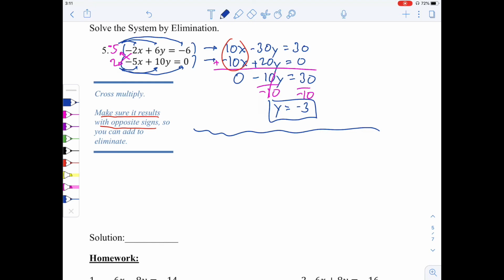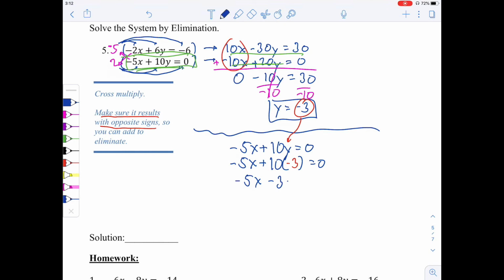Then once we have one of them, we're going to substitute that into any of the equations, either one, any of these four. Let's do the second one. So negative 5x plus 10y equals 0. So you take that negative 3, put it in for y. Negative 5x, 10 times negative 3 is negative 30, equals 0.